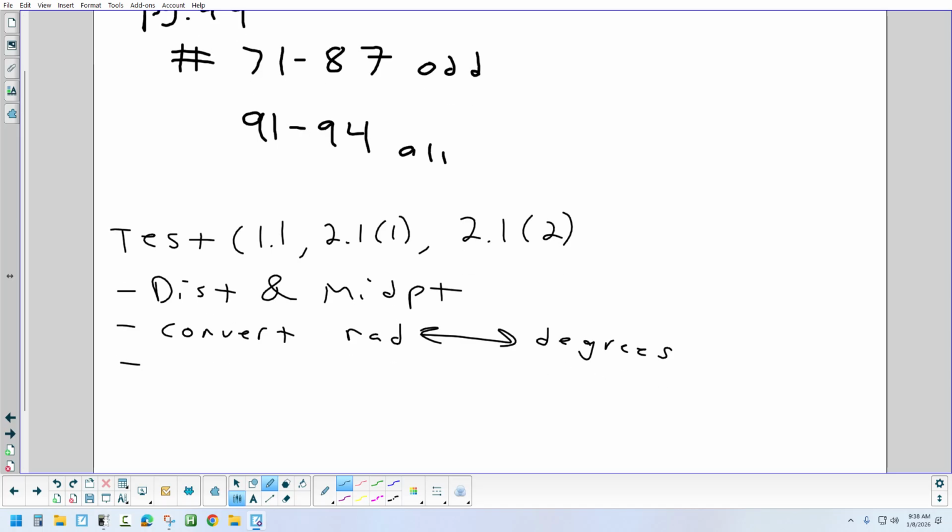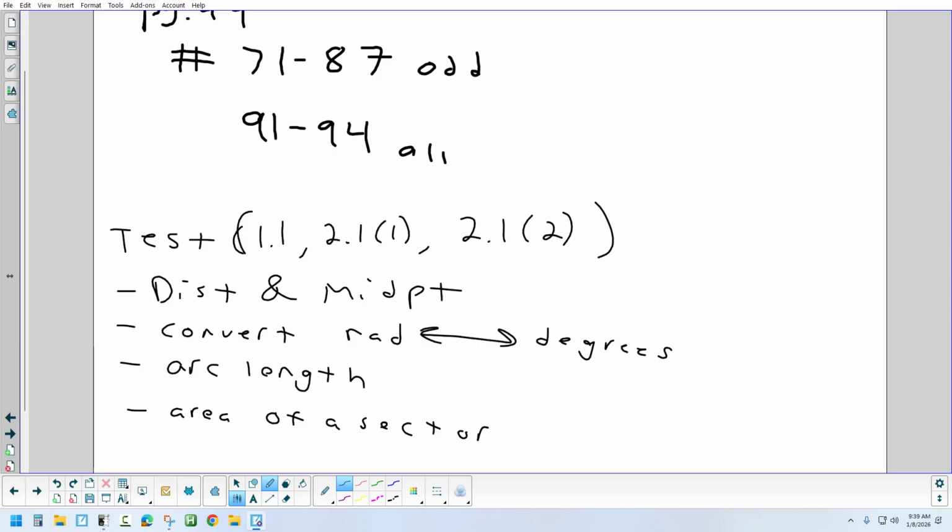And in the second part of 2.1, we did arc length and area of a sector. And that's everything that should be on the test.